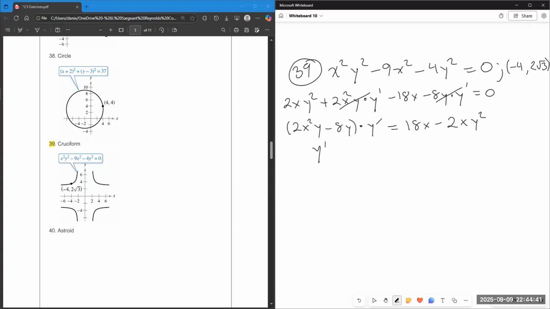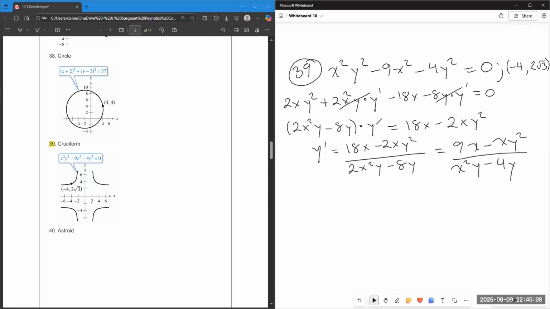So y prime is equal to (18x minus 2xy squared) over (2x squared y minus 8y). I see everything has a common factor of 2, so that becomes (9x minus xy squared) over (x squared y minus 4y).